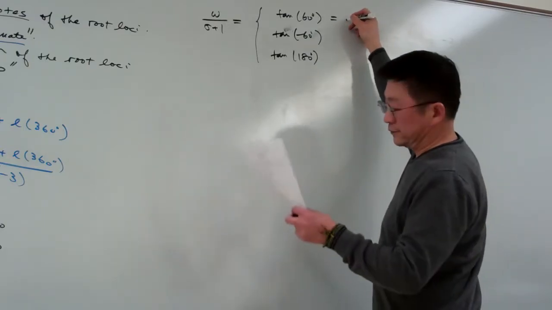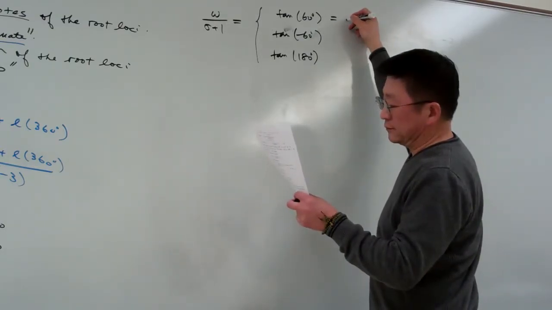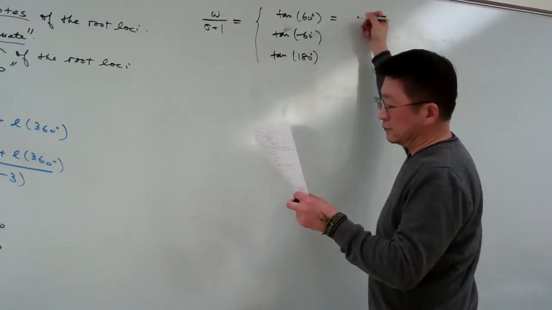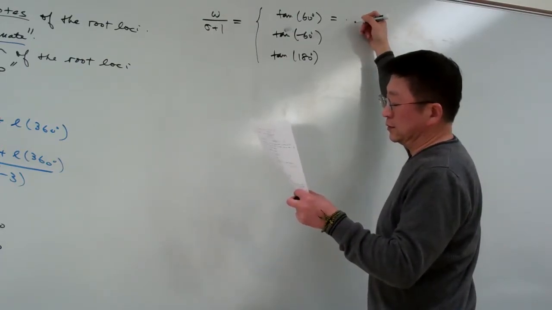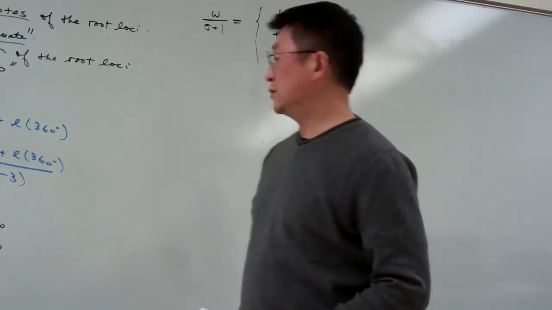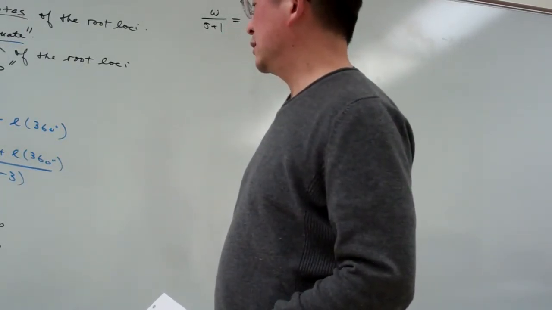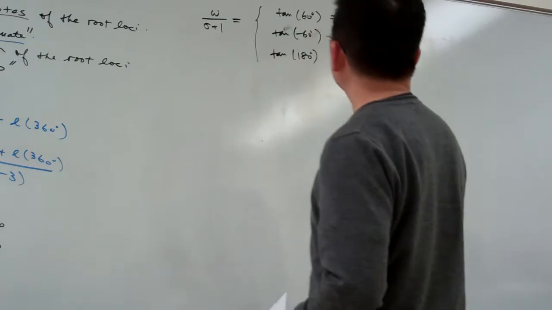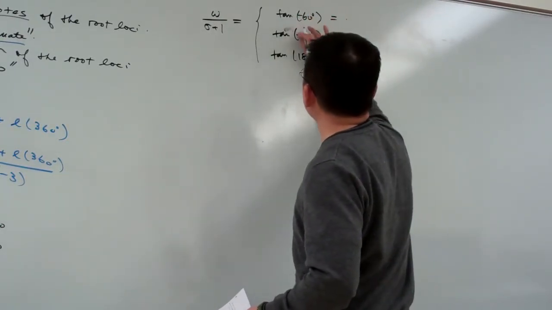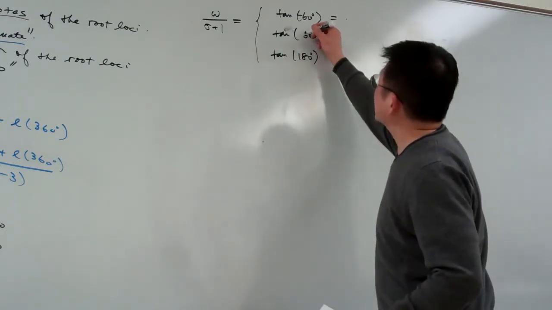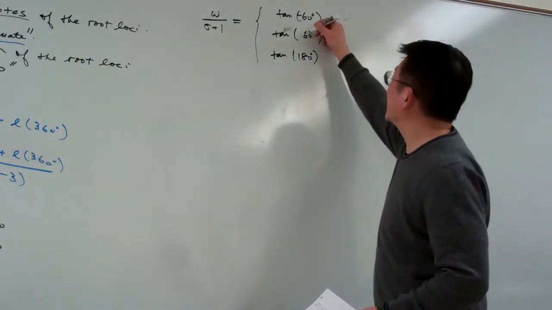Is that right? Yeah. Here you have negative 60 to 180, and then you flip the sign. Oh, that's okay. Doesn't matter. Okay, so that is this one, right? Good. Okay.